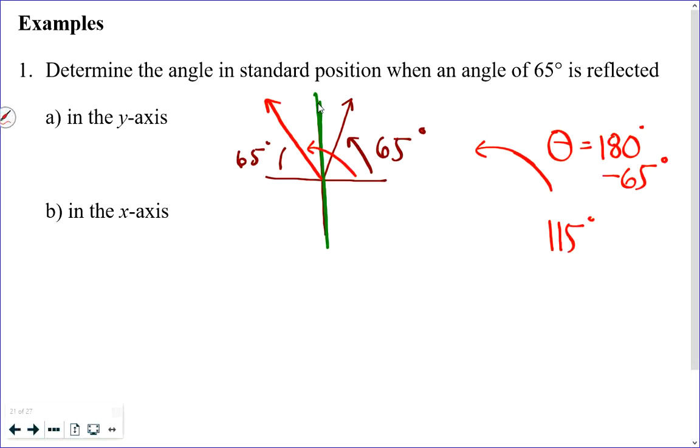Well, I would like you now to repeat the process. If this is 65 degrees and I reflect it across the x-axis, I would like you to figure out what the rotation angle will be. How many of you basically know what to do in your head?